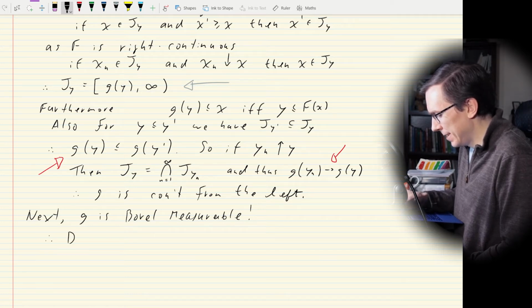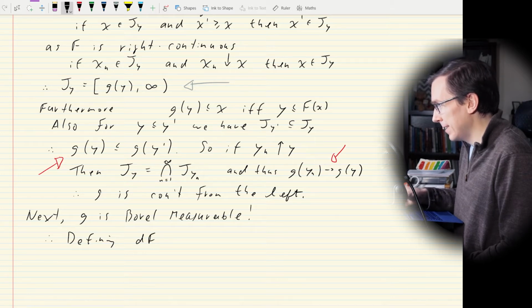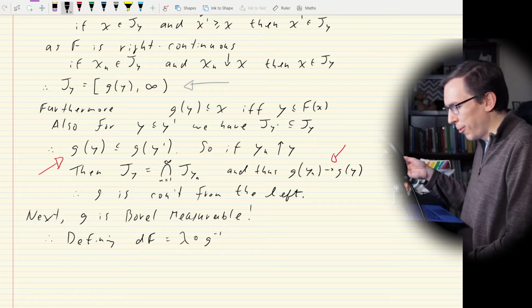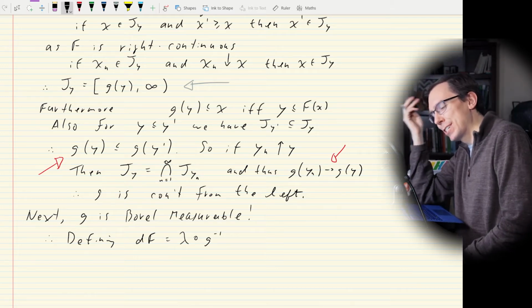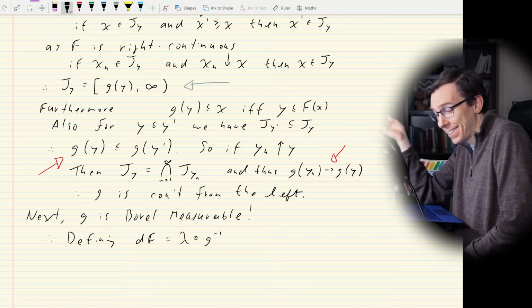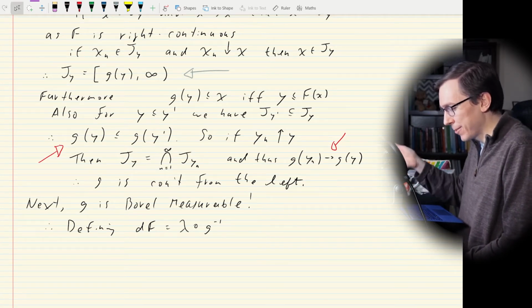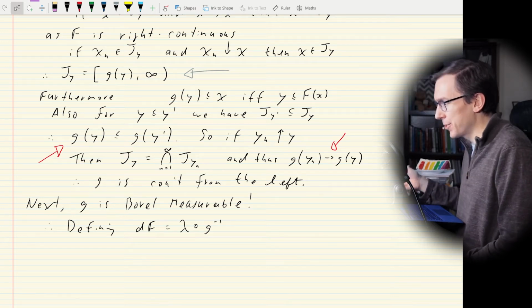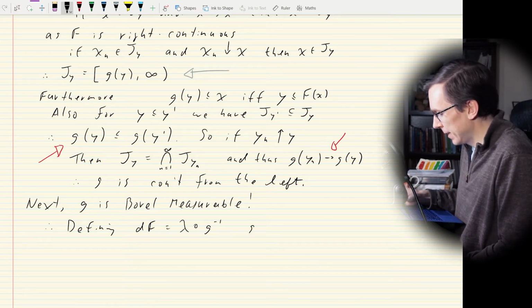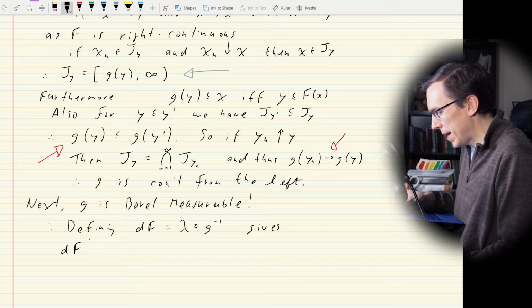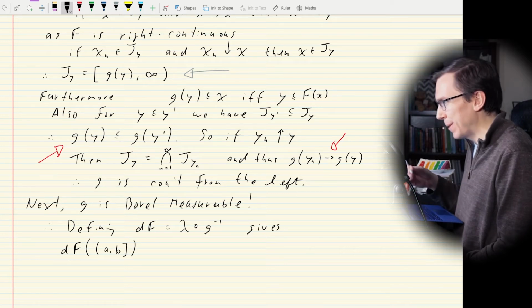Therefore, defining df to be lambda of G inverse, right? The whole point of all this up above was just to basically say that writing this makes sense. So we have G is Borel measurable. We can write this now in the Lebesgue-Stieltjes form. And this gives that if we want to measure a half-open interval (a, b] like we started with, we kind of know what we want.